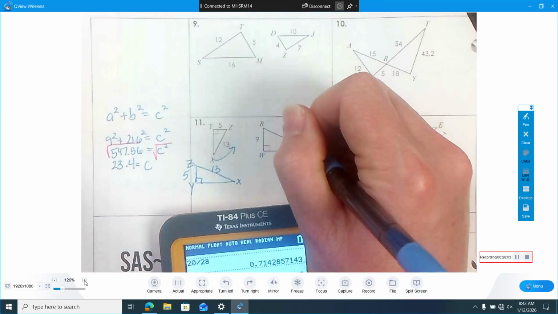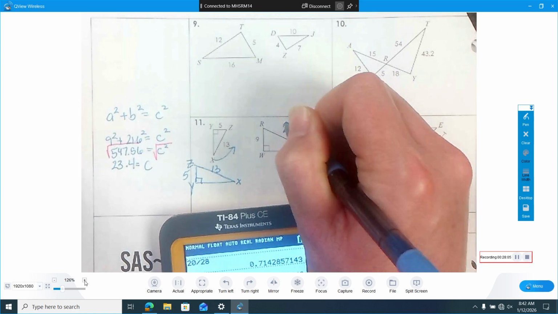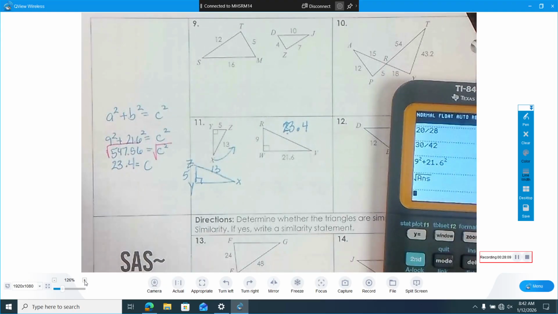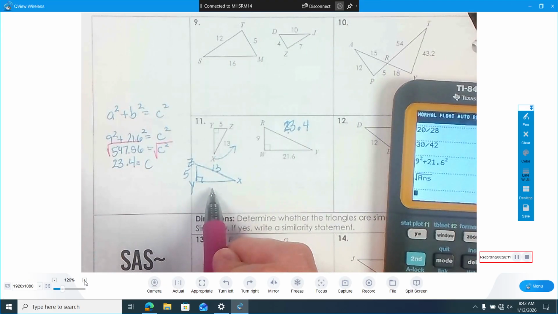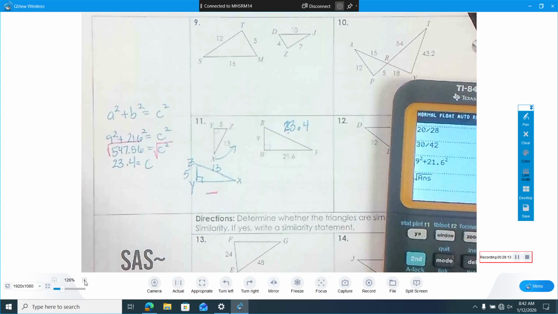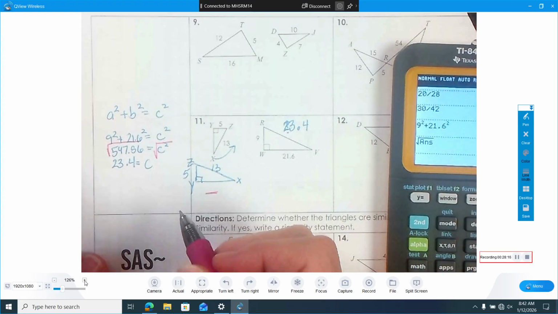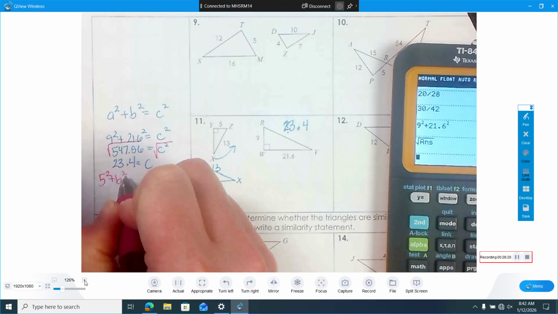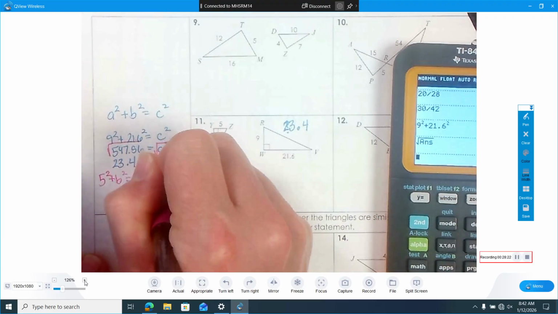So this equals 23.4. Can I do something to figure out this side? What can I do for here? Same thing, similar. I can do, let's see, 5 squared plus B squared equals my hypotenuse squared.